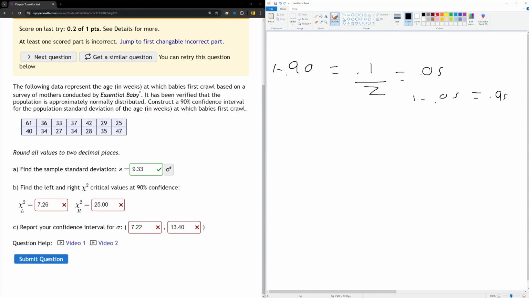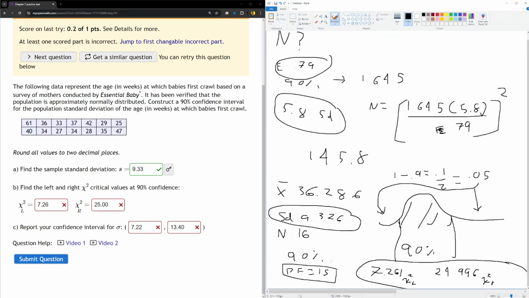I swear I must have. Yeah, 0.9 is your C-level. Apparently I just wrote 16 for the hell of it. Okay, well, that blows.